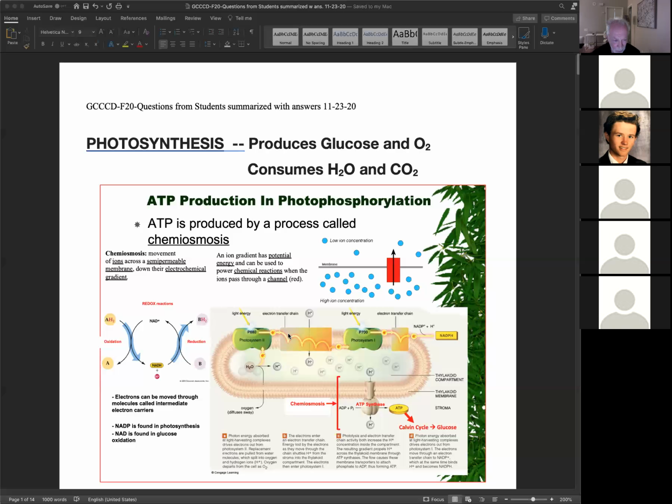Okay, so what is an electron transfer chain? It's the passage of electrons from one carrier to another, and that's illustrated here to the left, where you have a substance, a carrier, that is reduced.